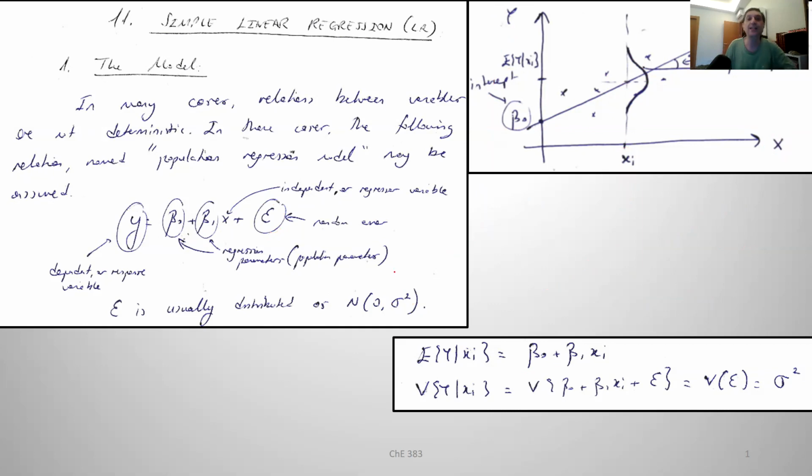Now another point. You may ask, what about the error in x, the regressor variable? From this perspective, we use x as a constant value determined by the user, and we assume that x is free of error. So the whole error is on y.